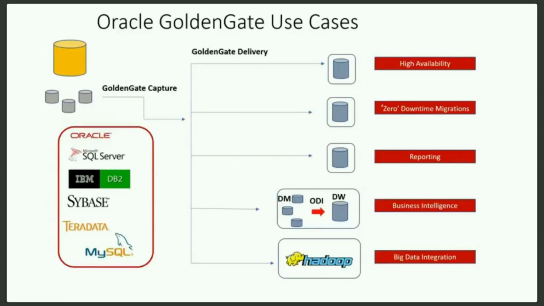So you want to point your reporting users from your production database and maybe use a data mart for reporting, and that data mart is constantly populated by GoldenGate. So regardless of the source, regardless of the target, GoldenGate enables us to do very high-speed replication between two heterogeneous sources and targets.